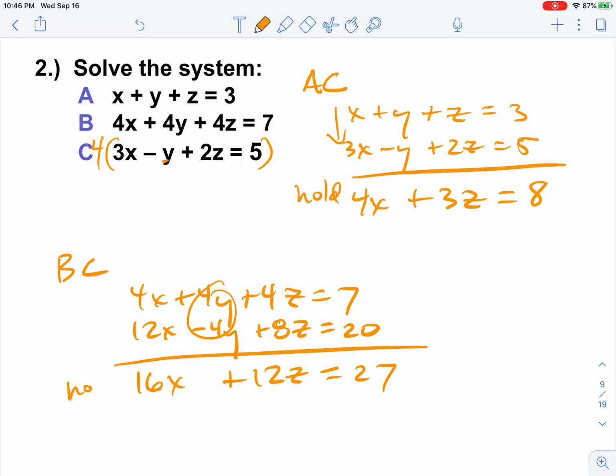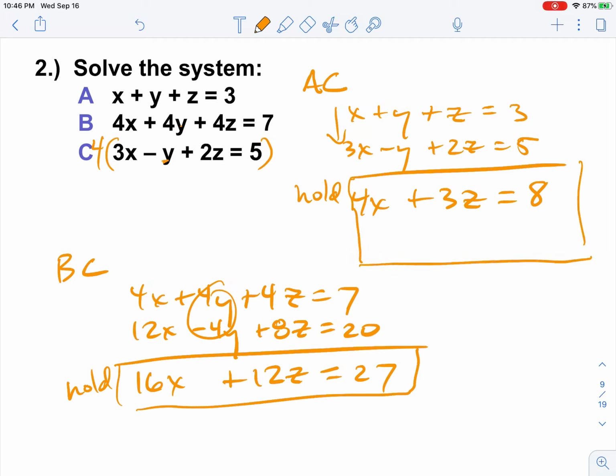Now, I want to hold on this right here. I'm going to put these two equations, this one right here, together with this one. And what I wish is that this equation up here had either negative 16x or negative 12z.